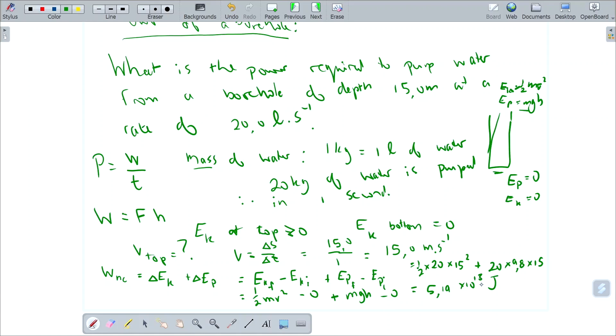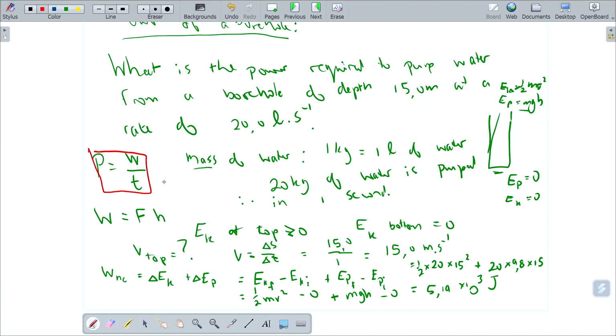We're almost there. So we've got the work. The work done by the non-conservative force is 5.19 times 10 to the 3 joules. And therefore, the power is going to be the work divided by the time.